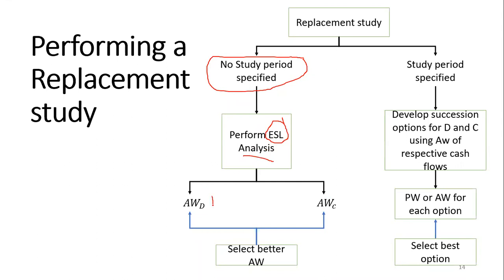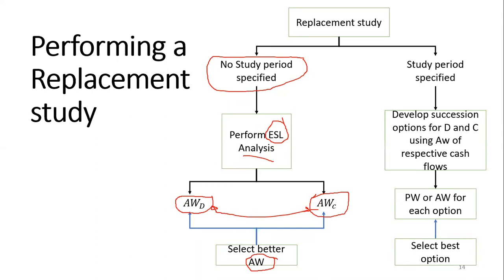So we estimate the annual worth for the defender, and we estimate the annual worth for the challenger. We select the smallest annual worth between each of them.